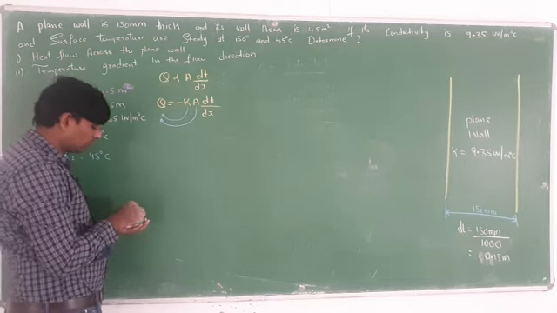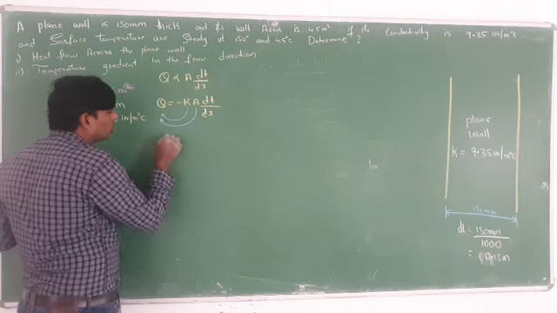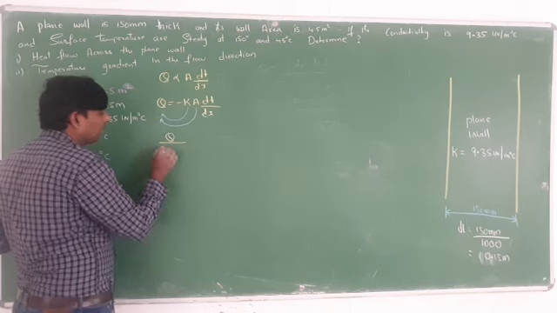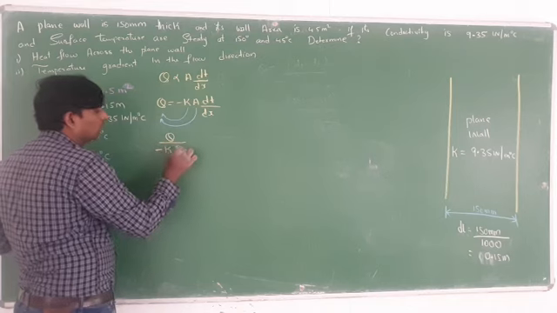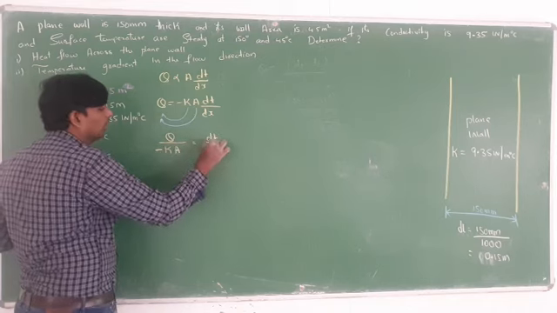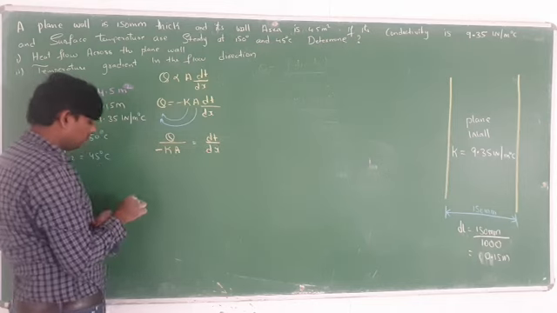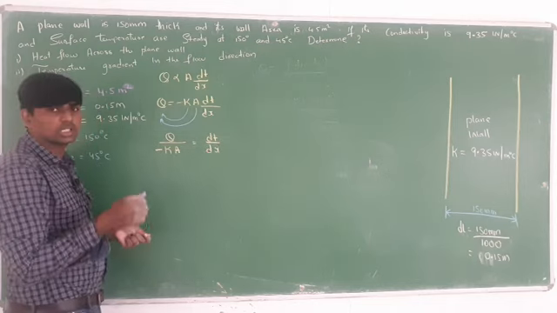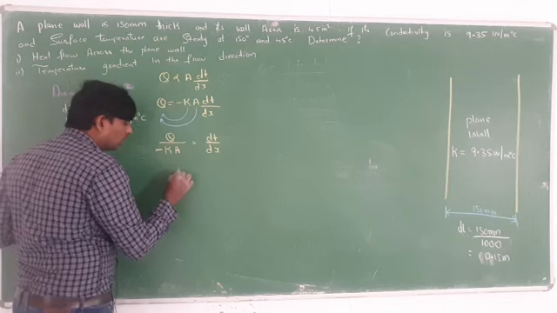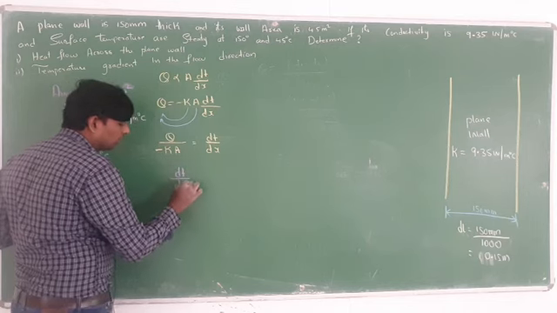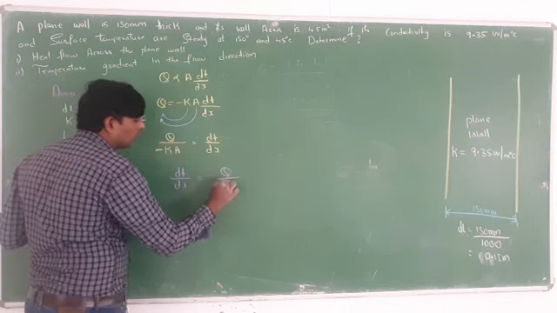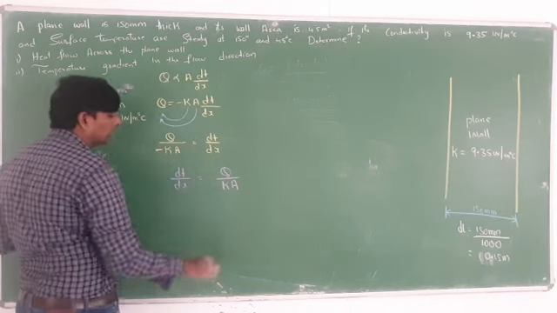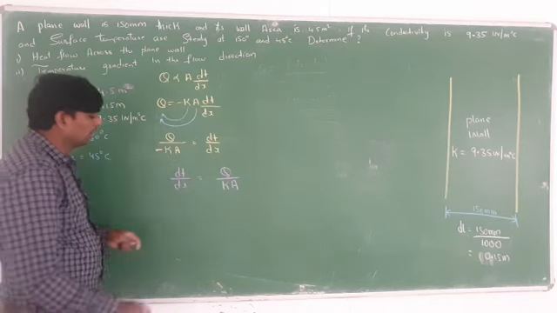Q divided by minus K A can be written as dT by dx. The negative sign you will not consider here, because the temperature gradient will be there. So dT by dx is equal to Q by K A.